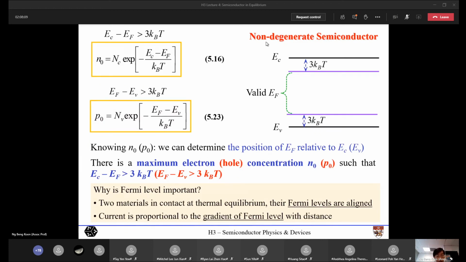Later on, when you learn about the PN junction, you will see that when you put two semiconductor materials in contact at thermal equilibrium, for example a P and N-type material put together to form a PN junction, the Fermi levels will align. In addition, the current flowing in the semiconductor is proportional to the gradient of the Fermi level, so this gives information about the current. That's why there's a need to be able to describe Fermi levels and concentrations in the semiconductor.